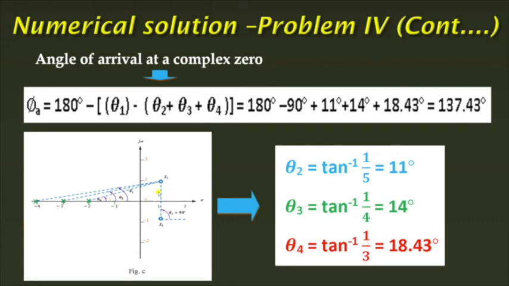Theta 4 equals tan inverse y by 1 plus 2 plus 3, so this is 18.43 degrees. Then summing all of them, because of the minus, minus, plus signs, this value is 137.43 degrees for this complex zero. The angle of arrival for the other zero is obviously minus 137.43 degrees, because these two are opposite and equal.